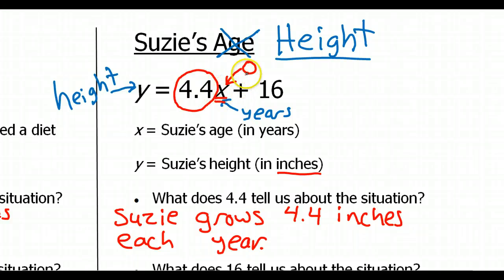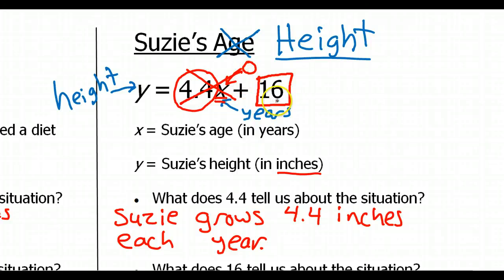So again, when you have a 0 term, 0 times anything is 0. So this entire term will go away. It will become 0. And that's just going to leave 16. So that means this 16 tells us Susie's height at age 0.